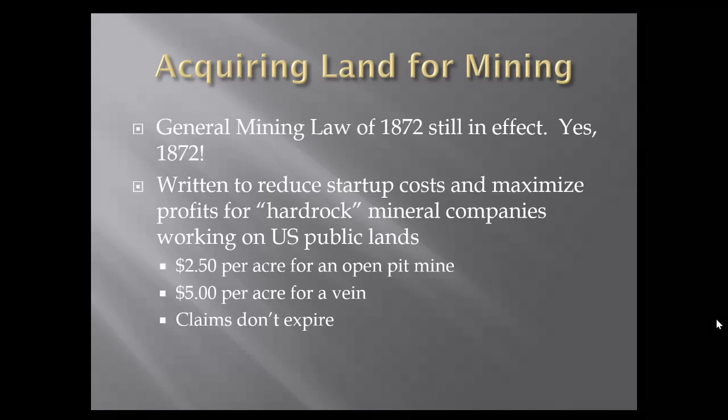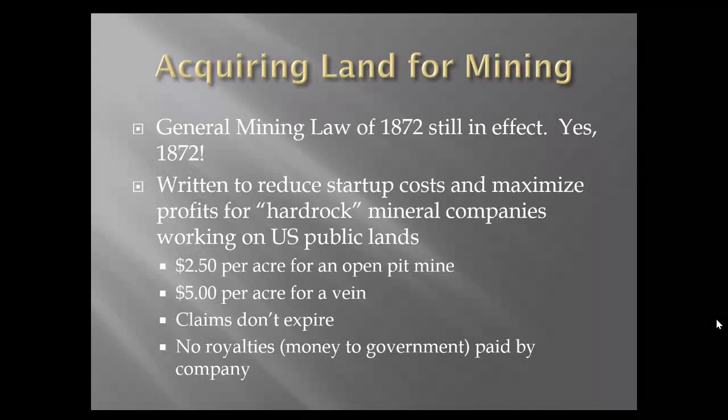And those claims don't expire. It's amazing. And in addition to that, there's no royalties that have to be paid by the mining company. A royalty is a percentage of the money that they make that would go to the government, but they don't have to pay anything.